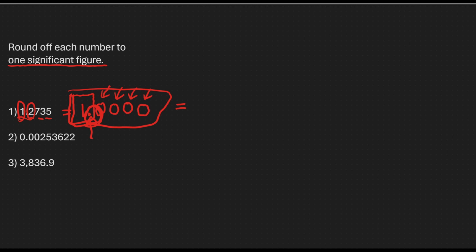And here we have a decimal. Therefore all these zeros are significant. If I was to leave this like that, I would technically have 1, 2, 3, 4, 5 sig figs. But I just need one significant figure.